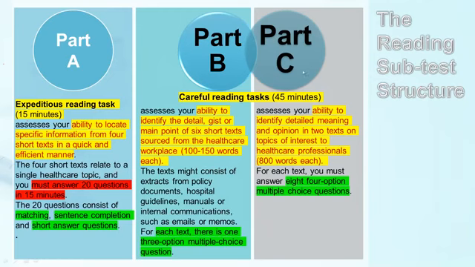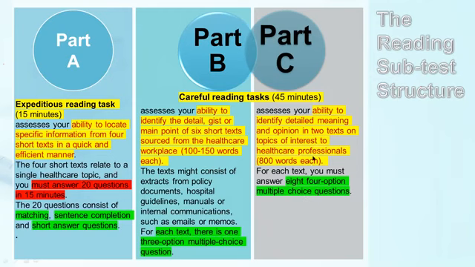While part C assesses your ability to identify detailed meaning and opinion in 2 texts on topics of interest to healthcare professionals, with a word length of about 800 words each. For each text, you must answer 8 4-option multiple choice questions. So in part C, the structure is a 4-option multiple choice question.